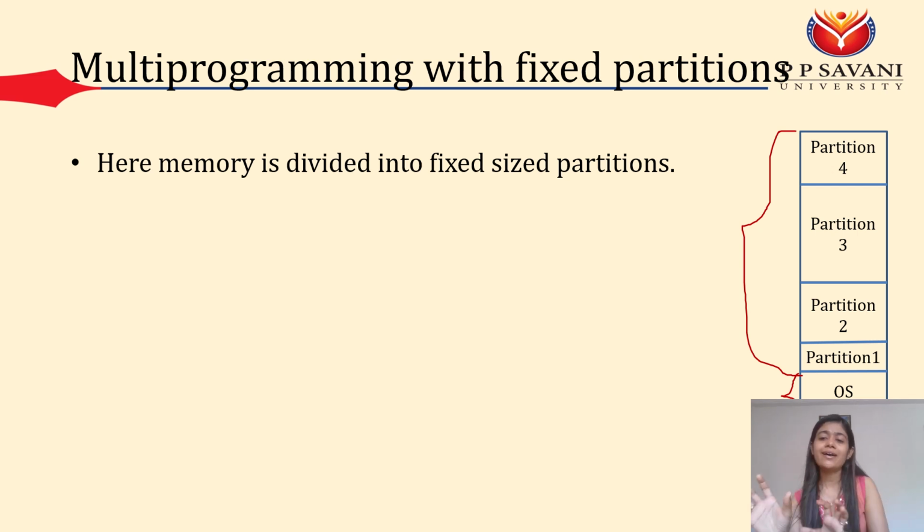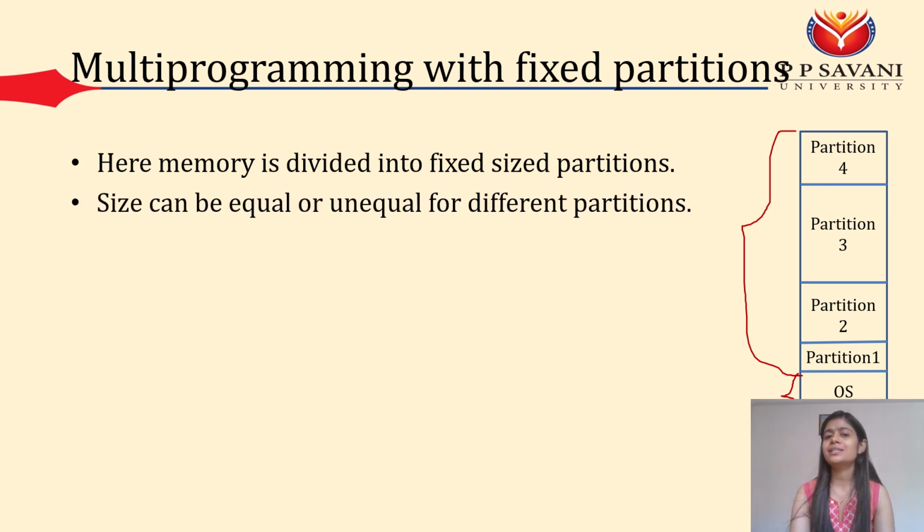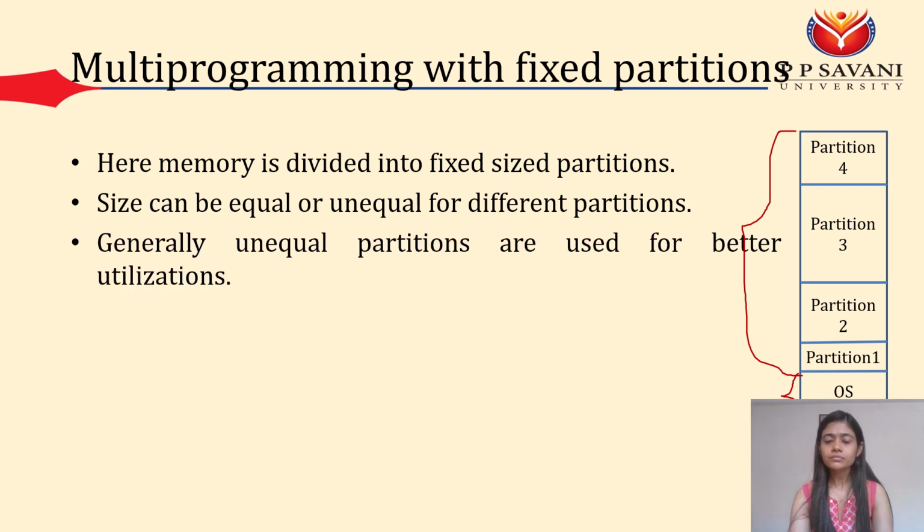As you can see in the diagram itself, partition size can be unequal. It is not necessary that all partitions must be of equal size. It can be of different sizes. That is totally allowed. Generally unequal partitions are used for better utilization. Obviously, all processes have different size requirements.